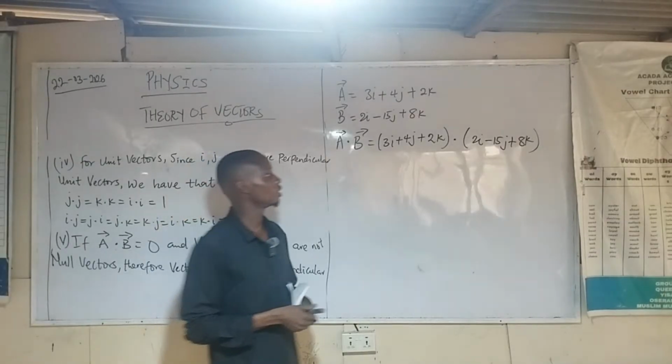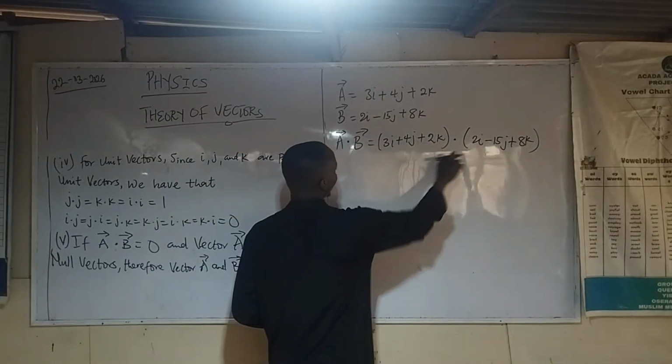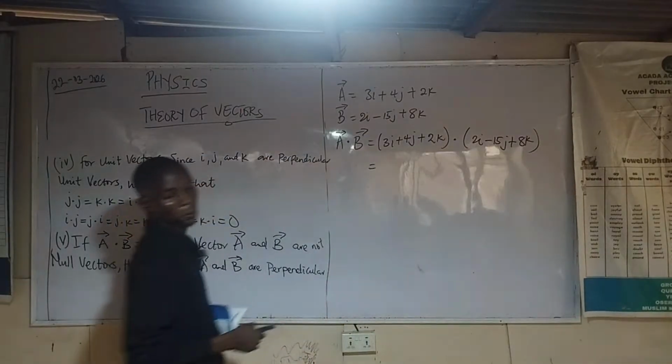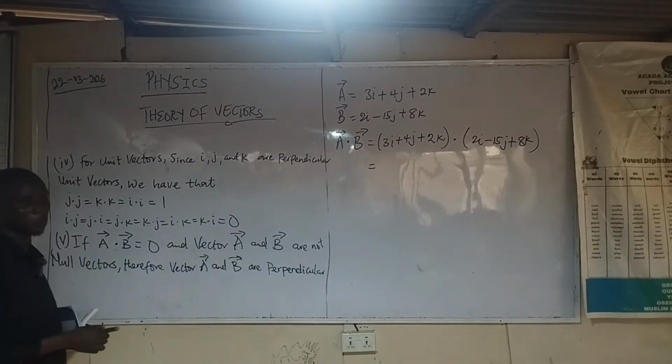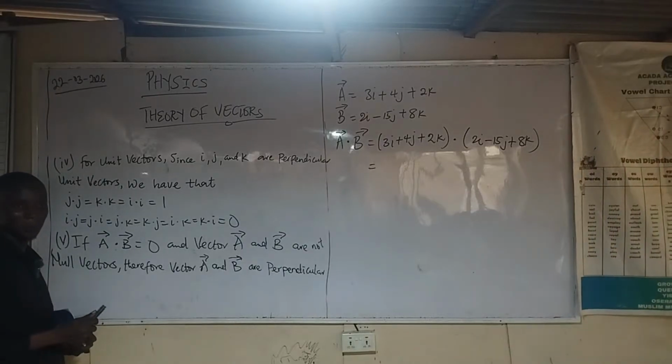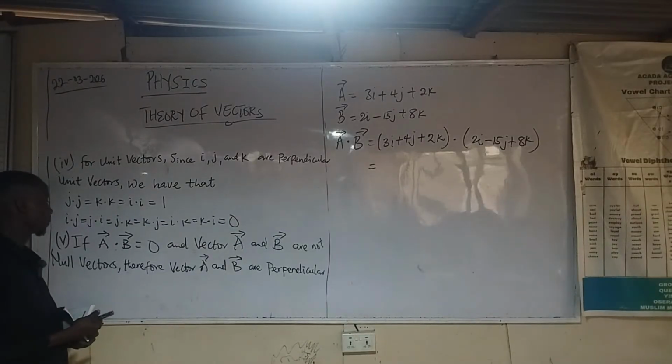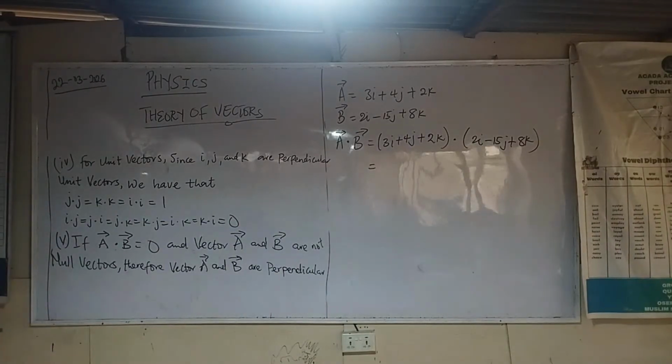So 3i times 2i, we have what? 6i squared. I times i is what? 1.